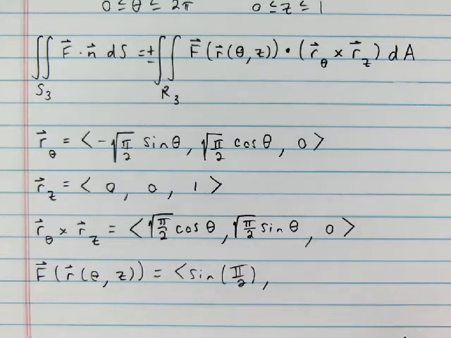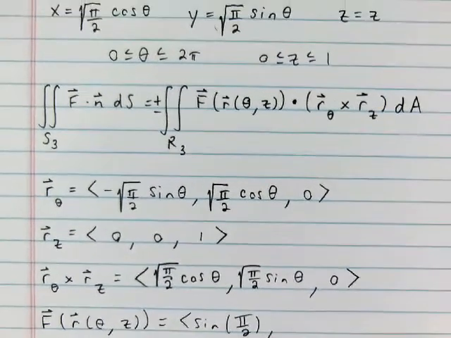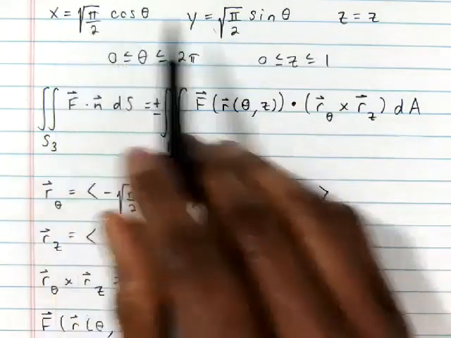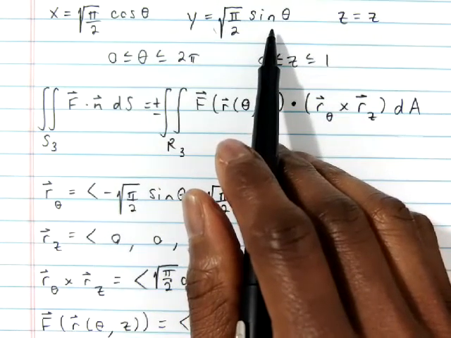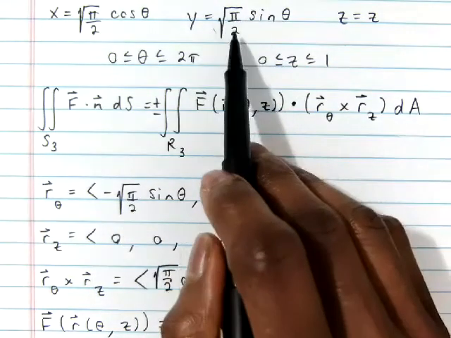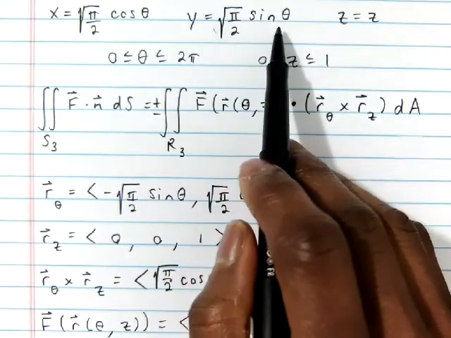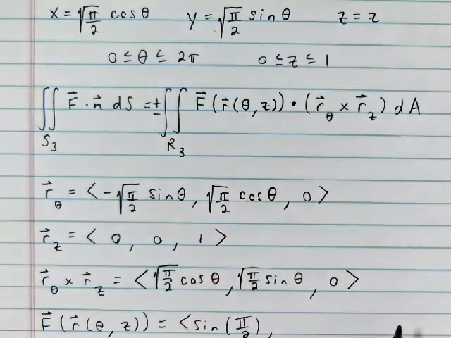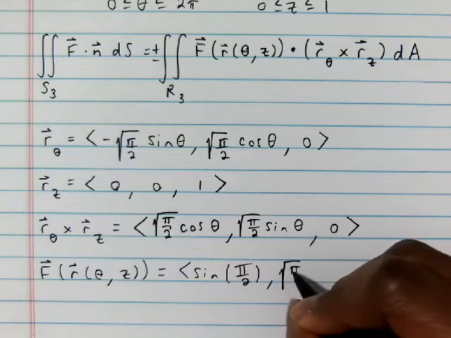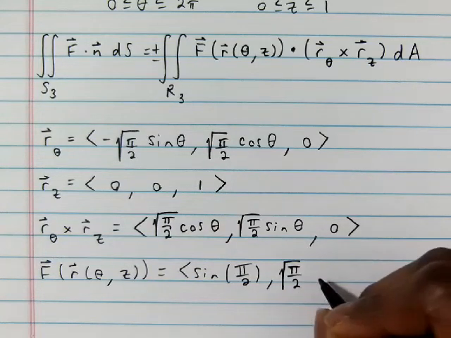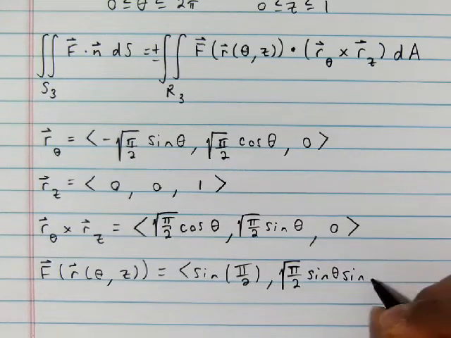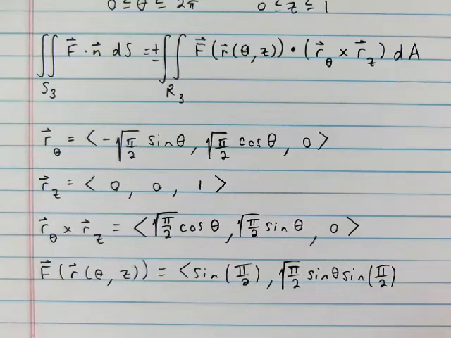And then our next component was y times sine of x squared plus y squared. And we already established sine of x squared plus y squared is just sine of pi over 2. And then y is going to be this. So we're going to get square root of pi over 2 times sine theta times sine of pi over 2.